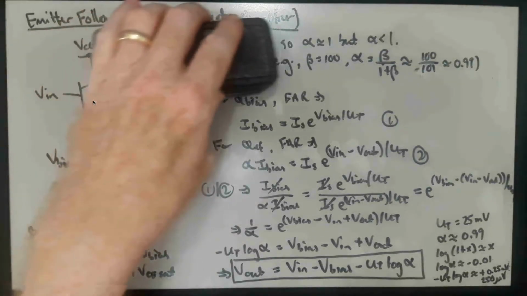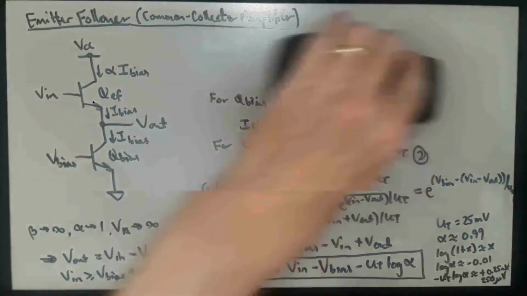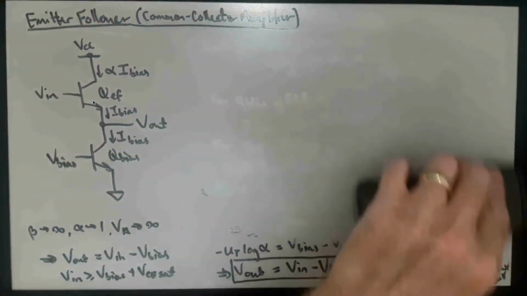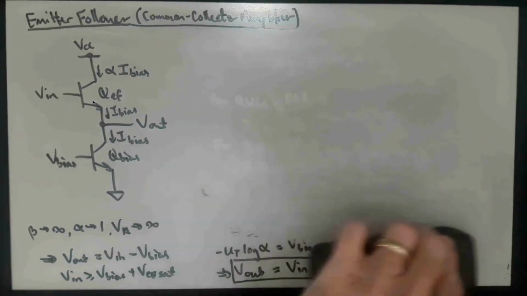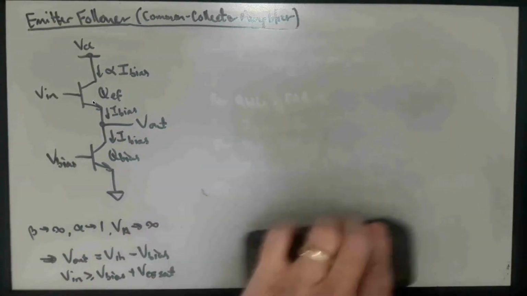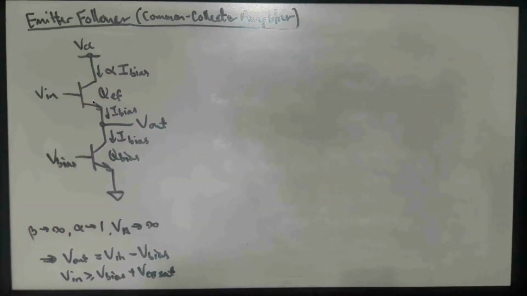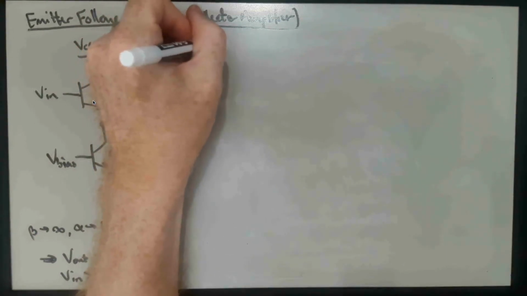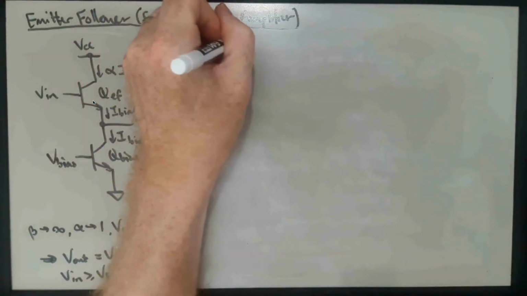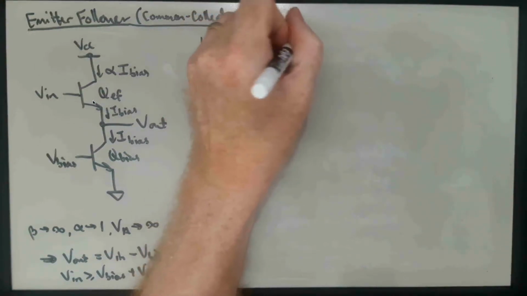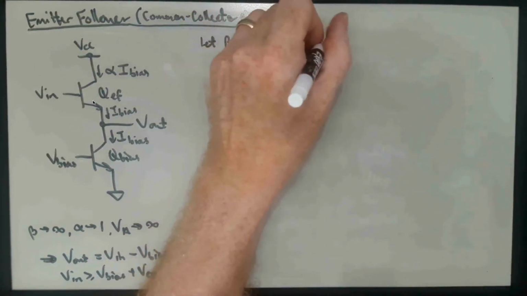Okay? So let's let beta be finite and also have a finite early effect. So let's let beta be less than infinity and VA be less than infinity.